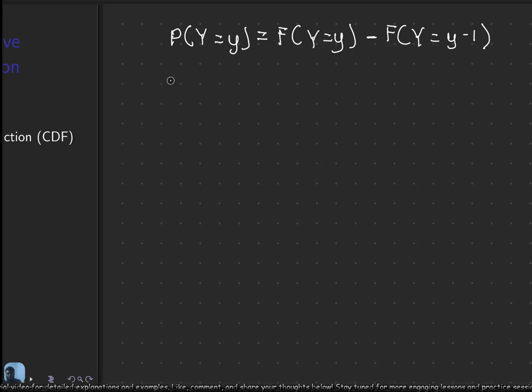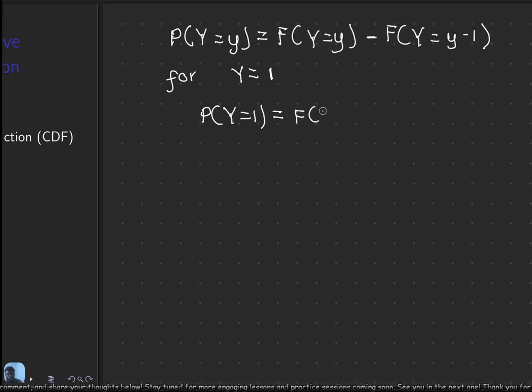So we start with y equals 1, and remember we're given a table of the probability distribution function, but we are going to get the probability mass function. For y equals 1, P of y equals 1 would be equal to F of 1 minus F of 0.